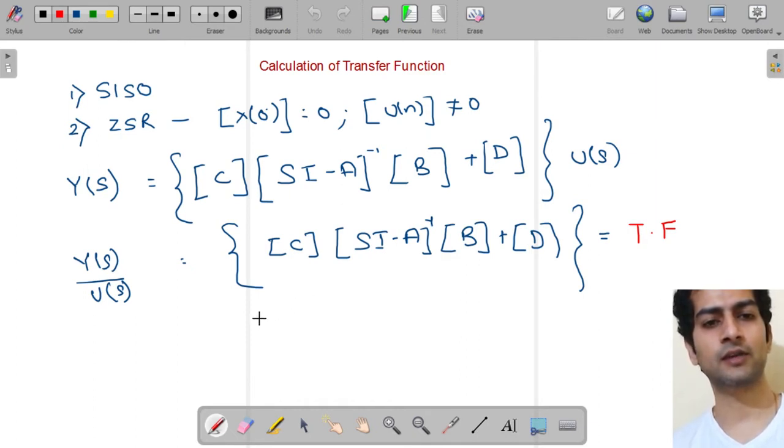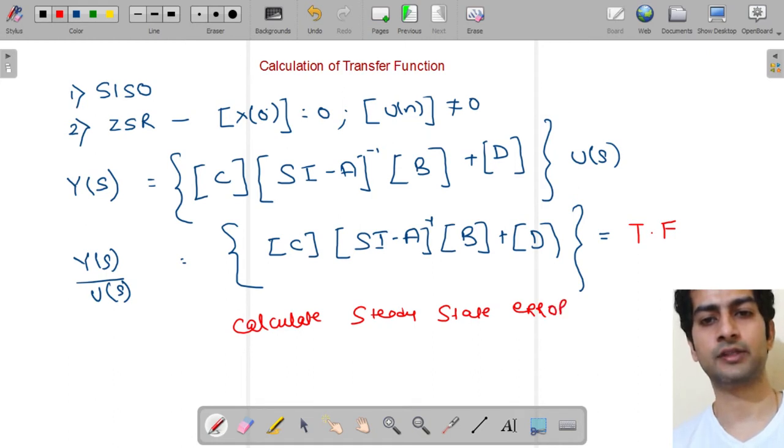Now see, they give a question: calculate steady state error.